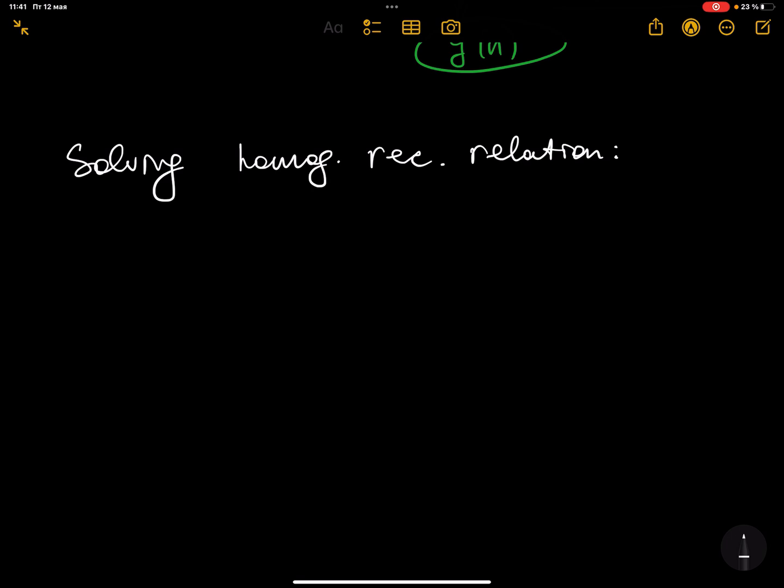So, solving a homogeneous recurrence relation. Let's assume that we have this recurrence relation: a_n equals 6a_(n-1) minus 9a_(n-2), and you're given initial cases: a_0 is 1 and a_1 is 6.